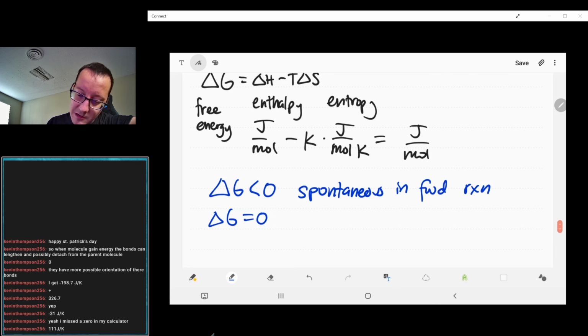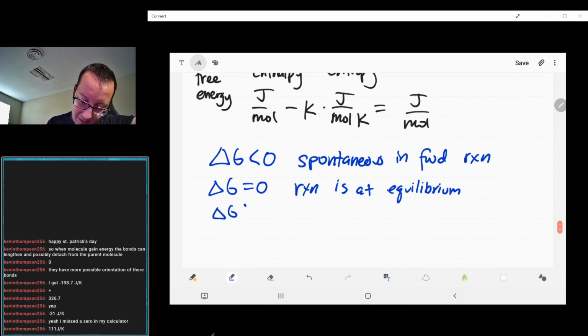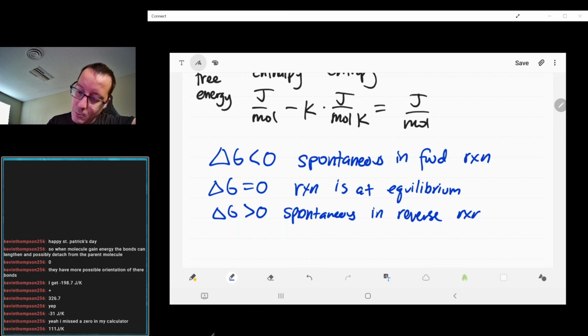If it's 0, that means the reaction is at equilibrium. And if it's greater than 0, it will be spontaneous in the reverse reaction. So it'll happen backwards. And this will be, again, for any equilibrium reaction.